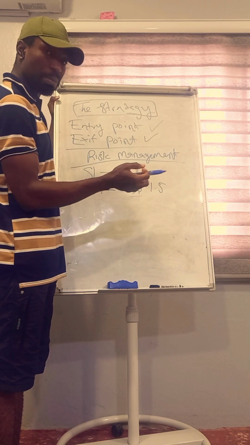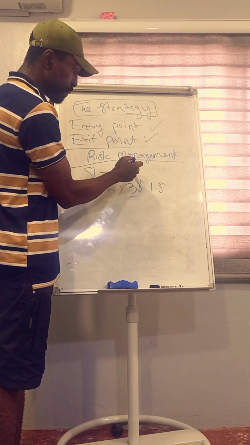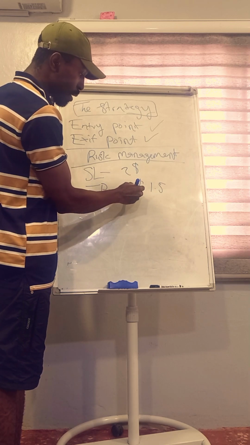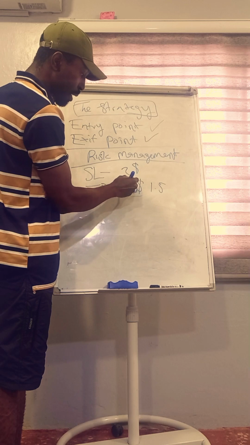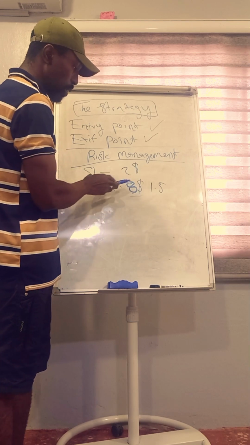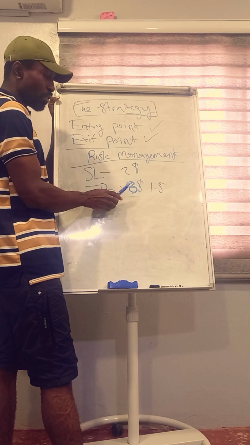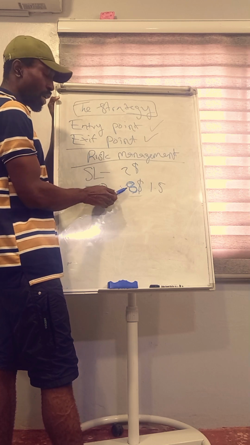Now, some people may be aiming for 10x. Some people may be risking 2 to get $8. That is not 10x. I think this is 4x if you are risking 2 to get 8.